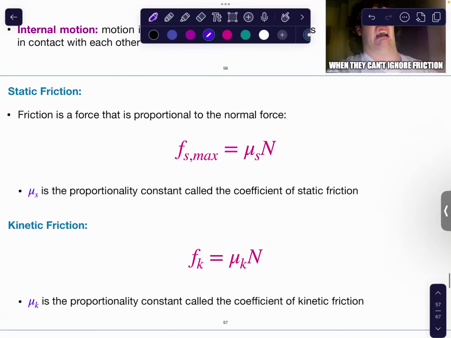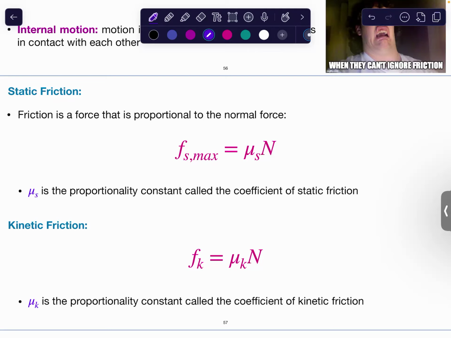Now, they're both going to take a similar format. Your static friction is going to take a format of mu sub s multiplied by the normal force. So whatever the normal force of your object is, your mu s is going to be your coefficient of static friction. Okay, and that's the Greek letter mu. And now, when you use this equation, that is a maximum static friction force.